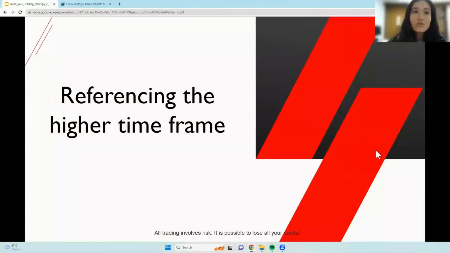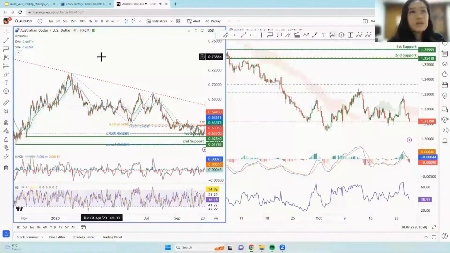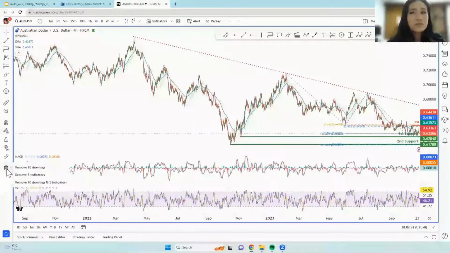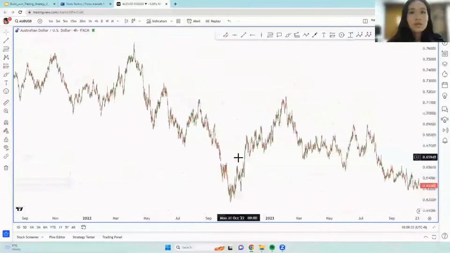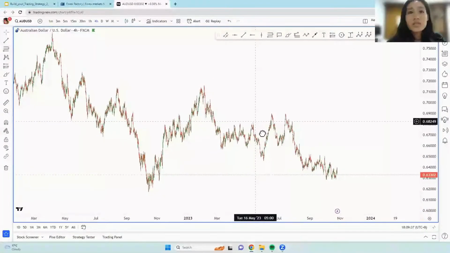So now we are referencing the higher time frame. What we mean by this, okay, let me just pull out my charts to show you guys. Okay, so let's say I'm looking at the Aussie dollar, and I'm looking at it on the 4-hour time frame.